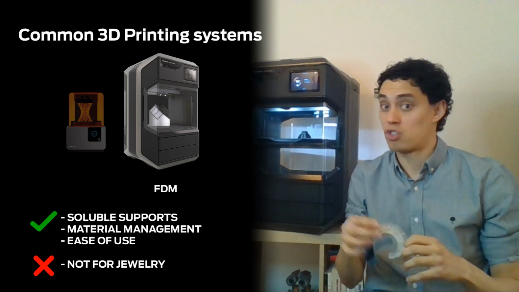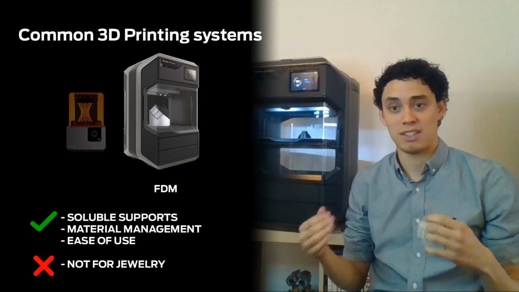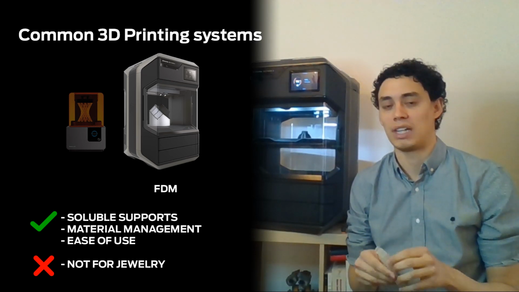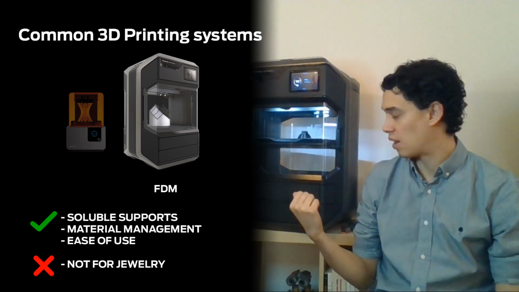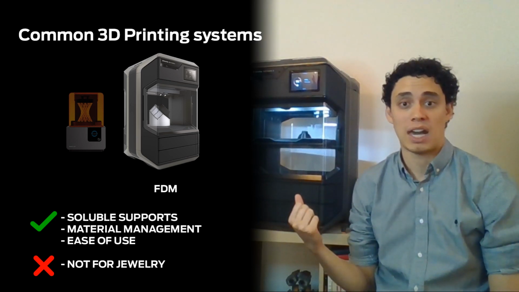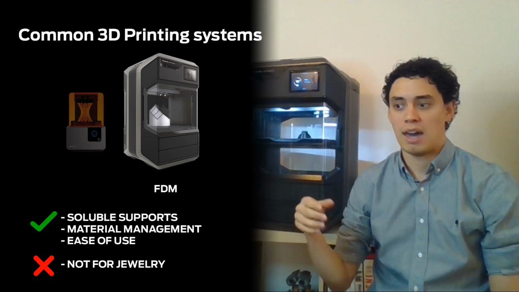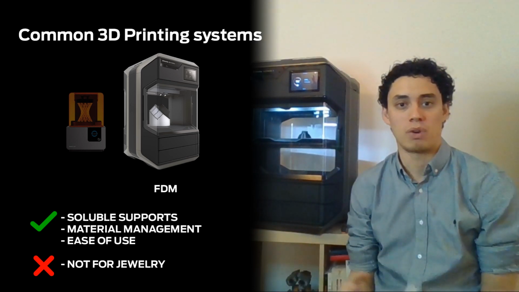That means that some parts that are intricate or have internal cavities will be really hard to clean up, right? Unlike what happens with a dual material printer, where you can just dunk the part in water, dissolve the supports, and get it over with.